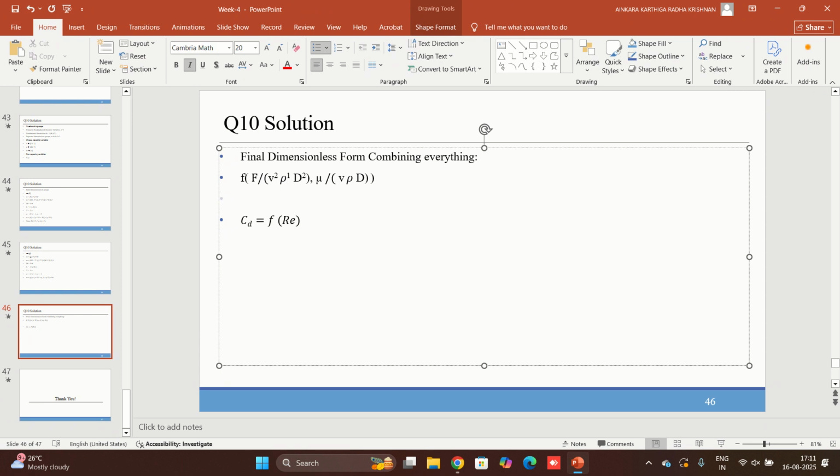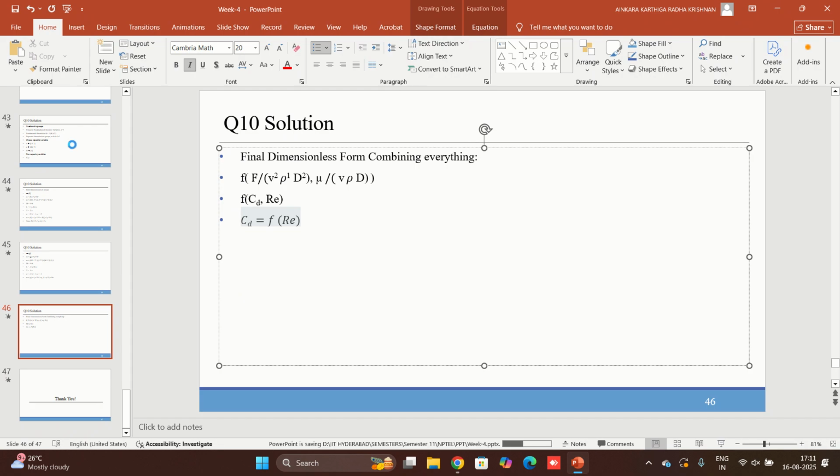So basically it is F into CD and RE. So rewriting it, we will get CD as a function of RE. So that is how we get it.